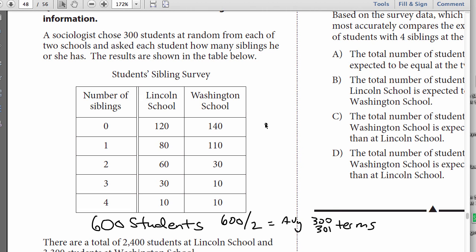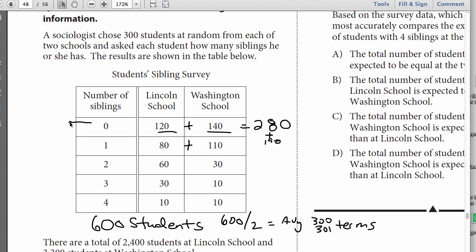All right, so let's just see where the 300th term is. Well, 0 siblings, there's 120 here and 140 there, so that's 280. So it's not going to be 0 siblings. We want to figure out where the 300th term is. Well, what do you know? We come over here to 1. That's 80 plus 110, an additional 190 plus 190.